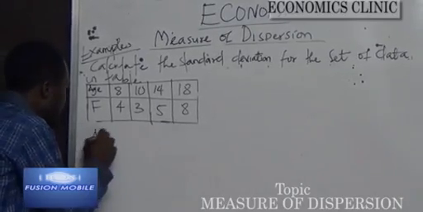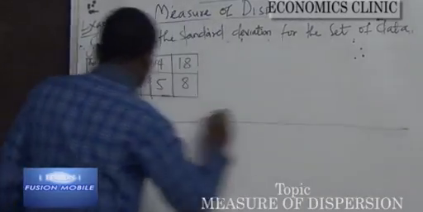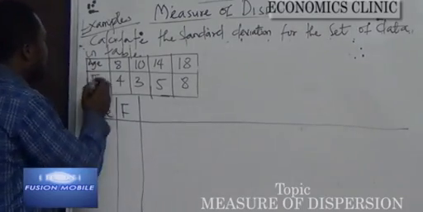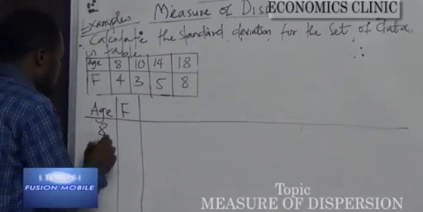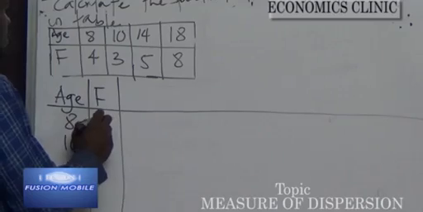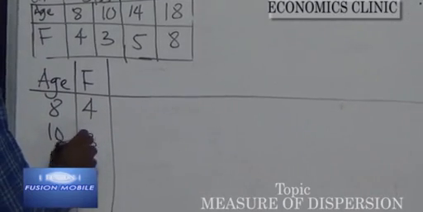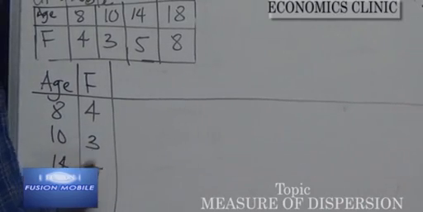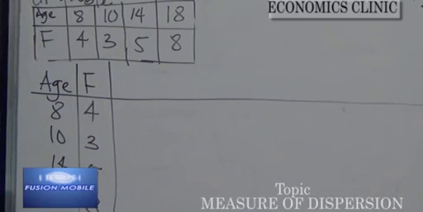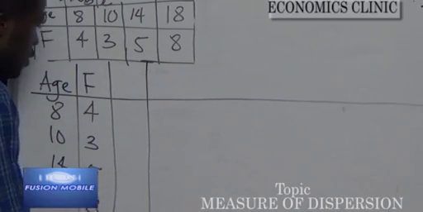Here we have age, we have frequency, and we have the ages to be 8, 10, 14, and 18. 4 people are 8 years old, 3 people are 10 years old, 5 people are 14 years old, and 8 people are 18 years old. The next thing I will need to solve for is fx.